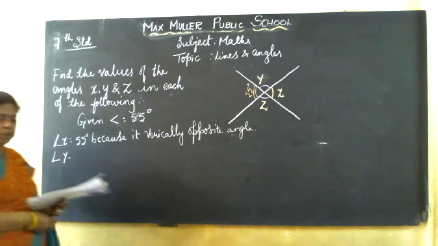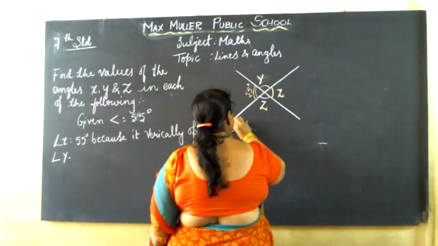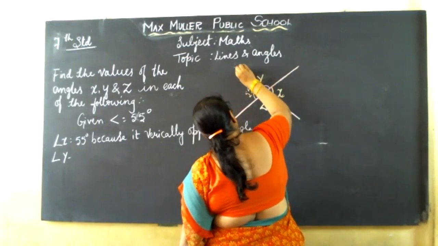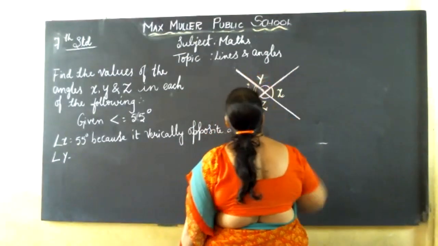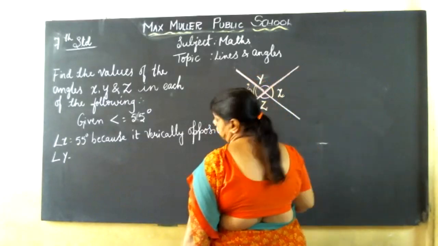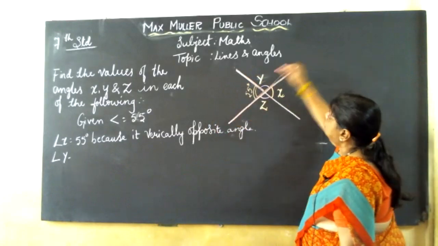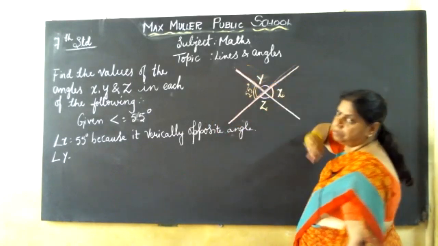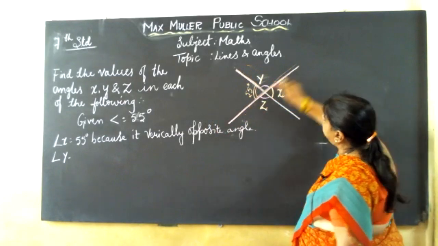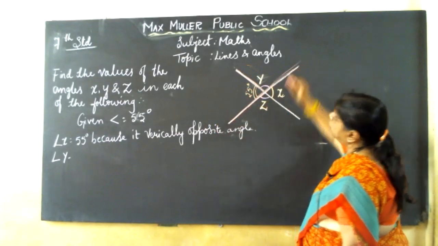See, now I'll show you. This is linear. See, this becomes a linear. Linear means this is 180 degree. See, I'm showing you. This is linear pair. Okay, so this is 180 degree.